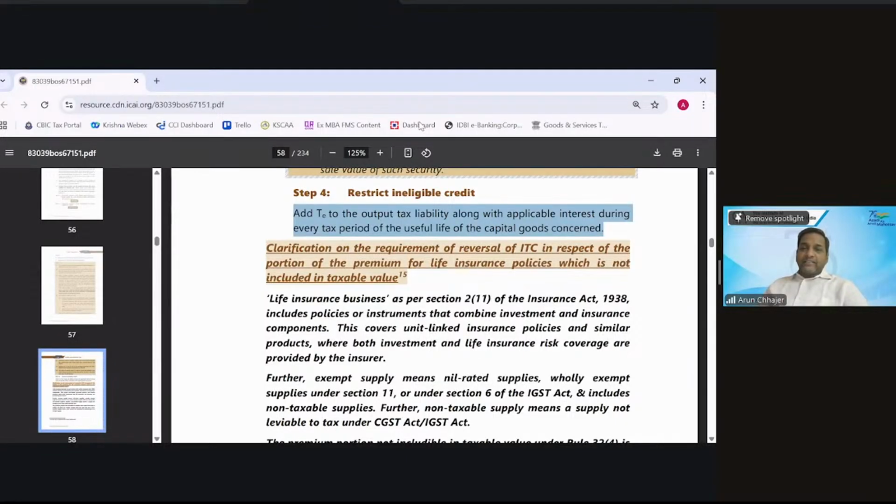So wherever it is written to add this amount to the output tax liability, in other words, we can say simply do the reversal in GSTR 3B in table 4B1. When you discuss the return chapter, in that GSTR 3B you will find there are two rows, 4B1 and 4B2, for the reversal of ITC.